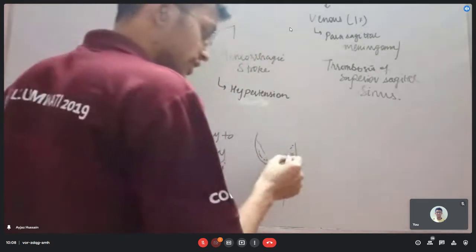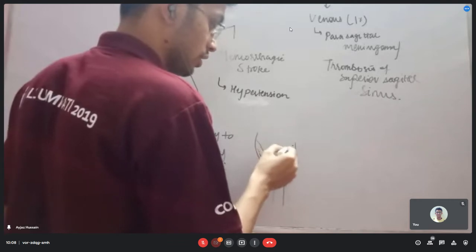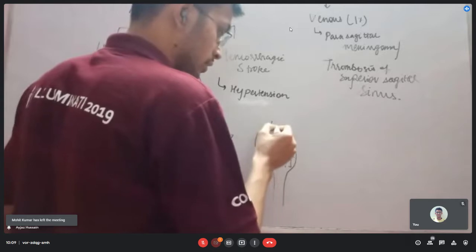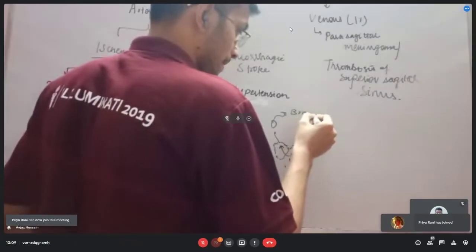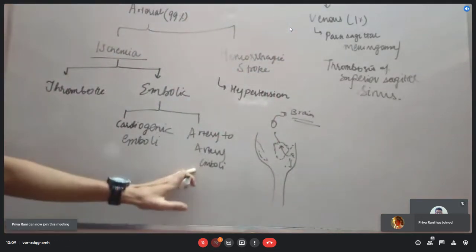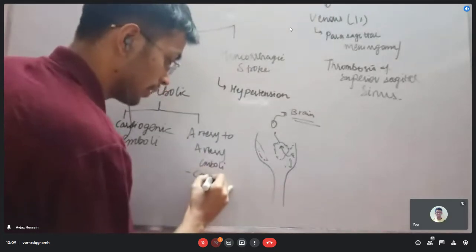So now, if this plaque becomes unstable and ruptures and leads to formation of a thrombus, a part of the thrombus gets dislodged and reaches brain. So this can lead to stroke. This is called artery to artery emboli. So you can have a carotid artery emboli.